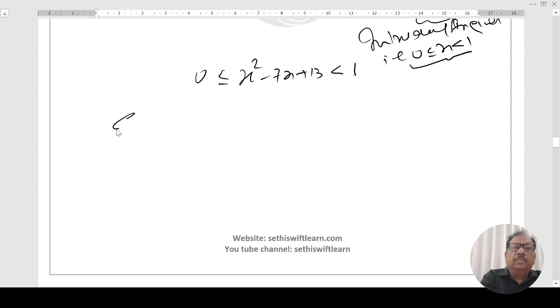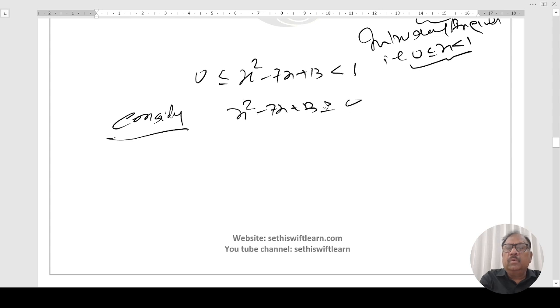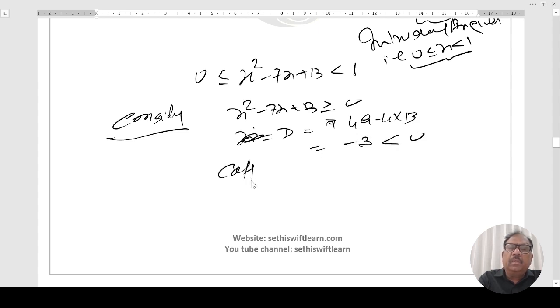Considering x square minus 7x plus 13 greater than or equal to 0, splitting the middle term is not possible, so first of all find D. The discriminant D is b square, 49, minus 4 into 13, that is minus 3, less than 0, and the coefficient of x square is 1.